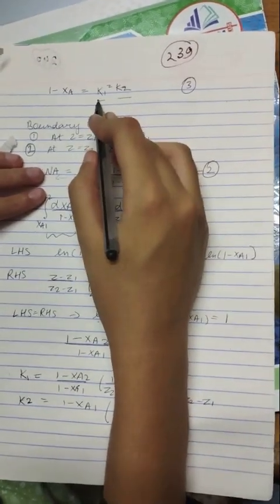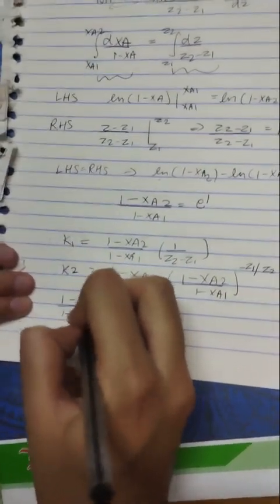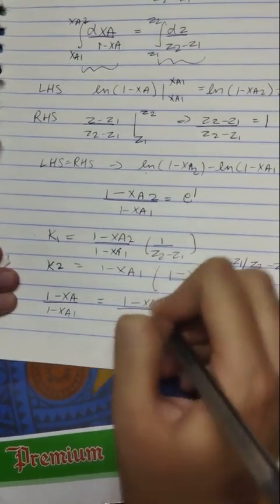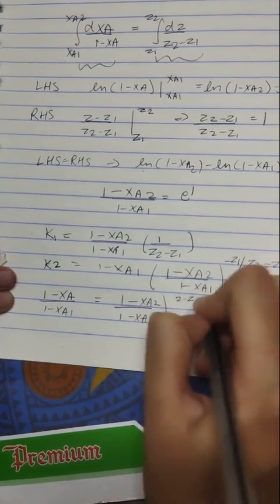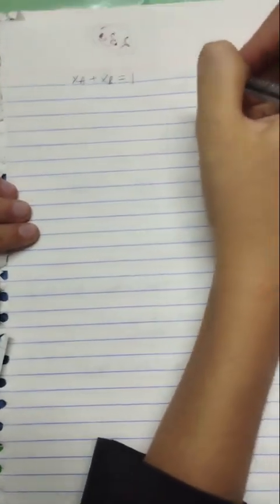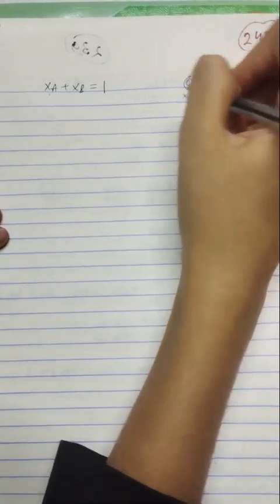So putting this value of K1 and K2 in equation 3, we will get (1 minus Xa) upon (1 minus Xa1) is equal to (1 minus Xa2) upon (1 minus Xa1) to the power (Z minus Z1) upon (Z2 minus Z1). Now we know that Xa plus Xb is 1, because mass fraction of A and mass fraction of B, if there are only two species A and B, would be 1.